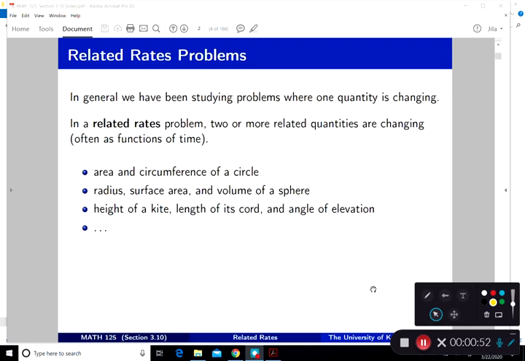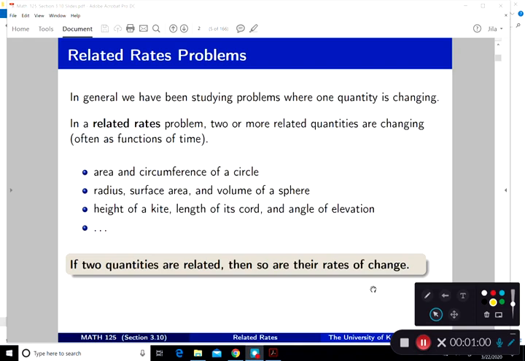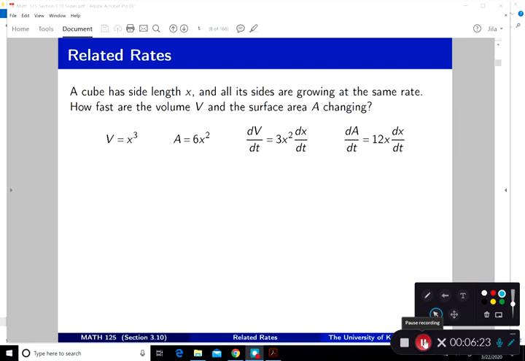Height of a kite, length of its chord, and angle of elevation of the kite are related to each other, and so on and so forth. So if two quantities are related, then we get this type of question. Now we're trying to figure out how, in general, we set these things up.